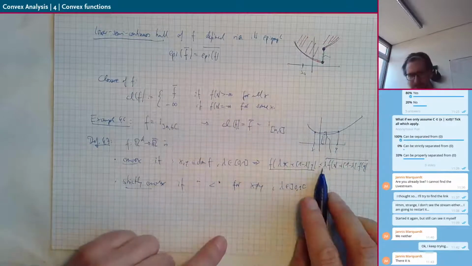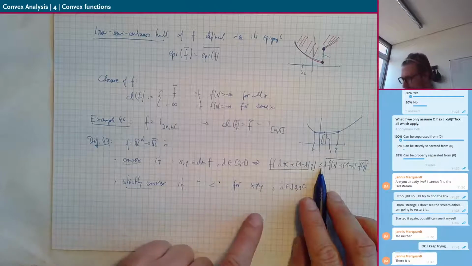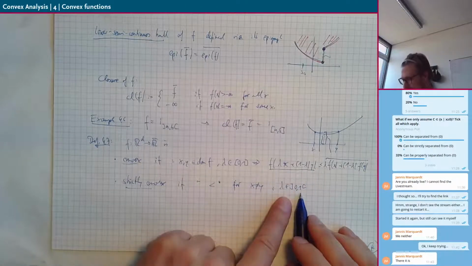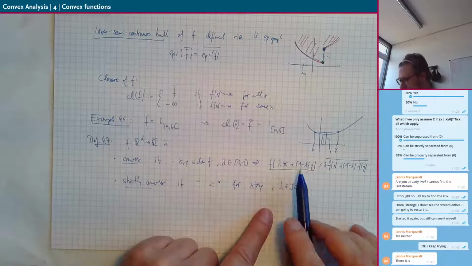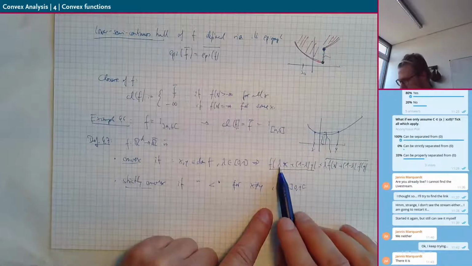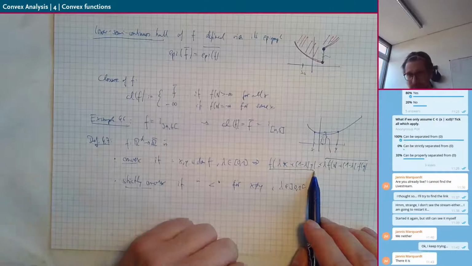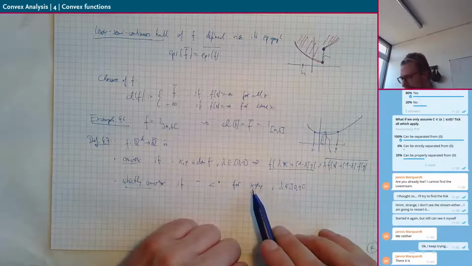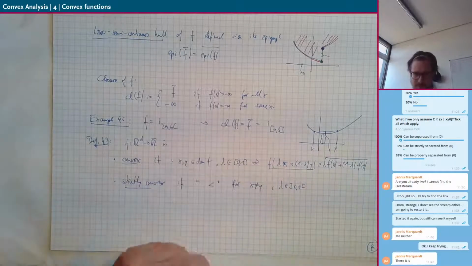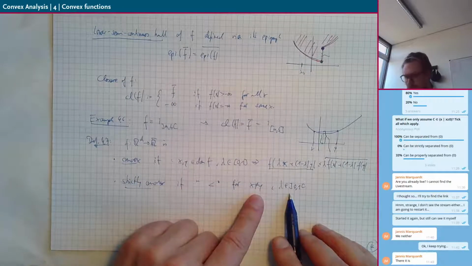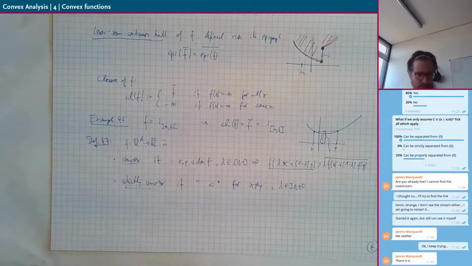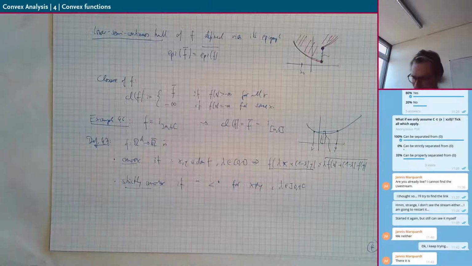So we always have this inequality strict as soon as the points are not the same and lambda is not at the boundaries. Because for lambda at the boundaries, one of these things vanishes, and there's always equality, and the same if x is equal to y, you also have always equality. You can't do anything about it. But as soon as you exclude these few cases, you want to have strict inequality.